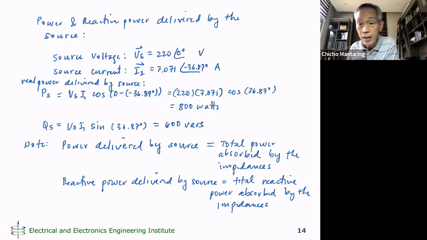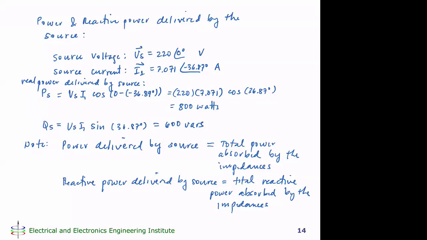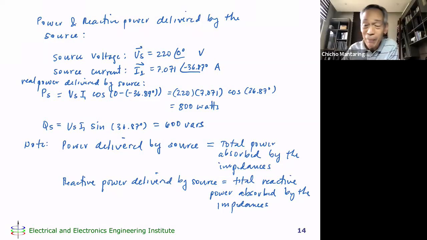Okay. By the way, is there an alternative way of getting Ps and Qs? Can you tell me? Complex power? Yes, complex power again. I could have gotten Ps and Qs by the complex power formula. So Ss is Vs multiplied by I1 conjugate.